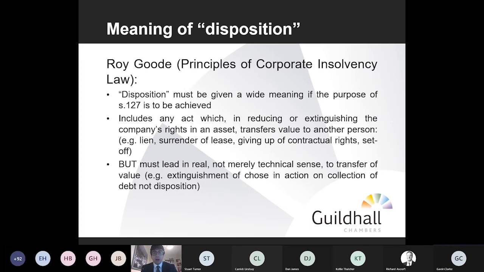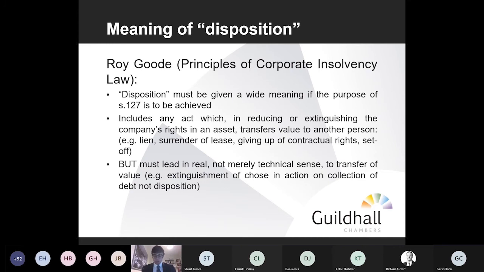However, he went on to say that disposition must lead in a real, not a merely technical sense, to a transfer of value. So he gave the example of the extinguishment of a chose in action on the collection of a debt. So clearly, if the company is owed the sum of £100 by its director, and after the presentation of the petition, the director repays the company, then strictly speaking, the asset which the company had before that payment, the book debt, no longer exists, and the director has received a benefit from the payment because he's been released from his obligation to pay.